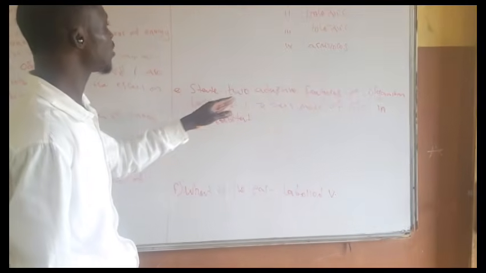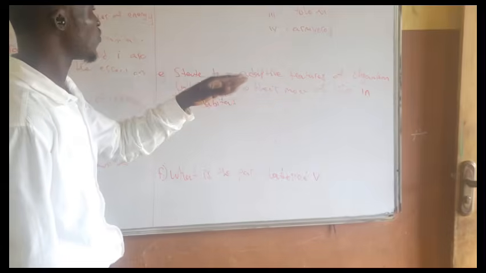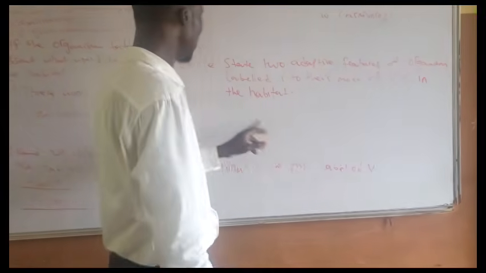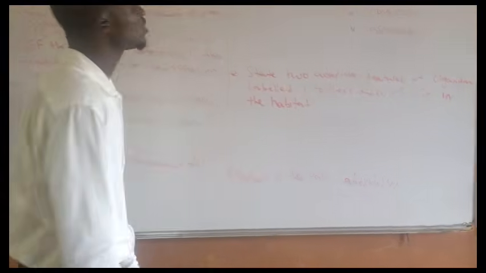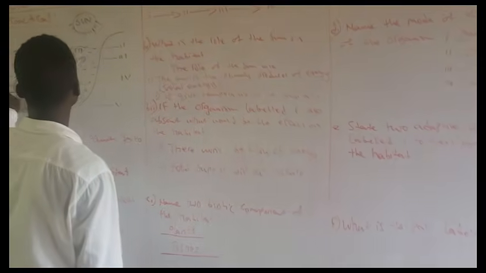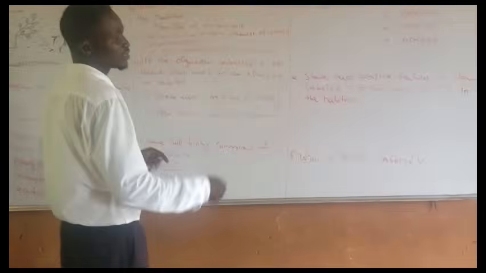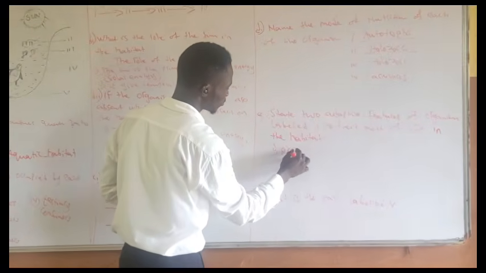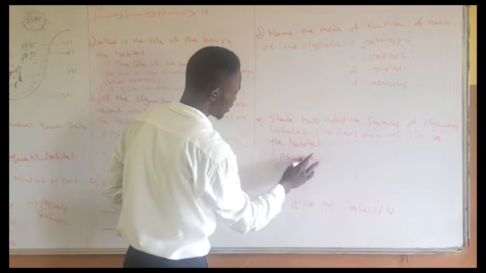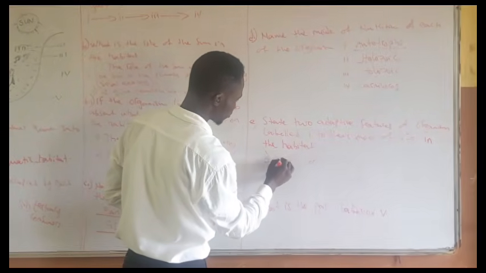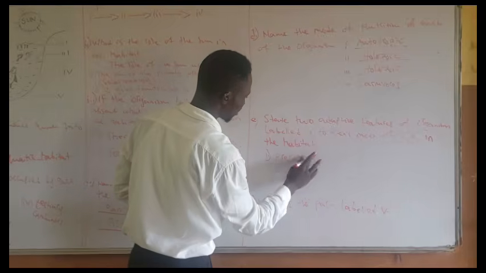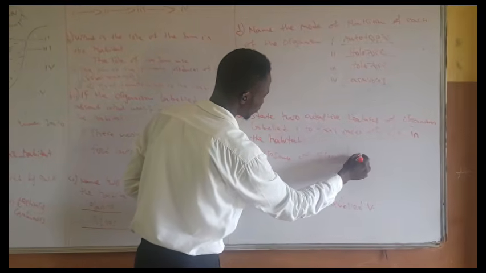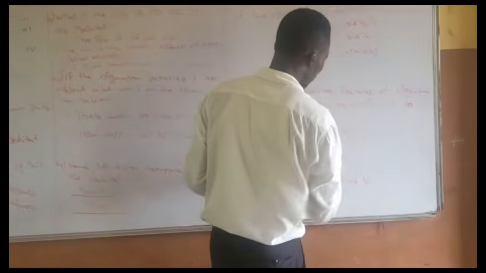Now the next one is state two adaptive features of organisms labeled as to their mode of life in the habitat. What are the adaptive features? Number one, you can see they dwell in water. You can say presence of green leaf to photosynthesize.